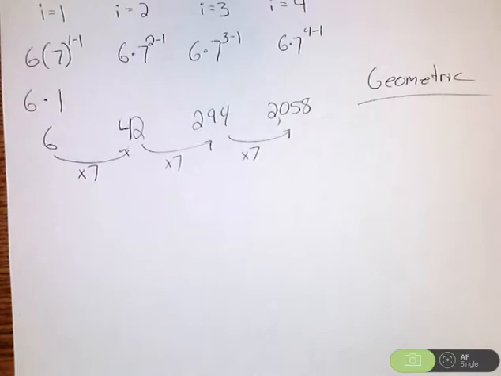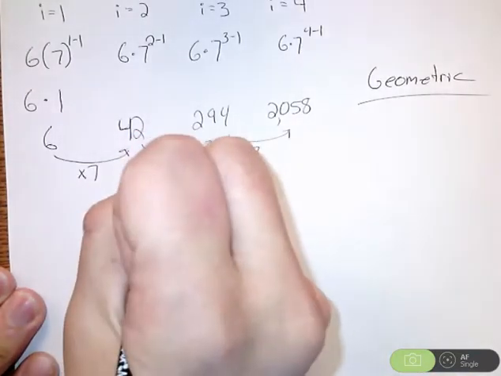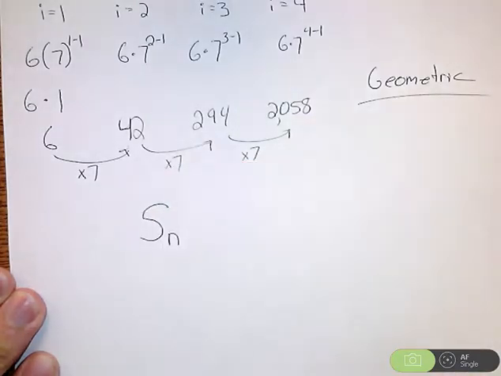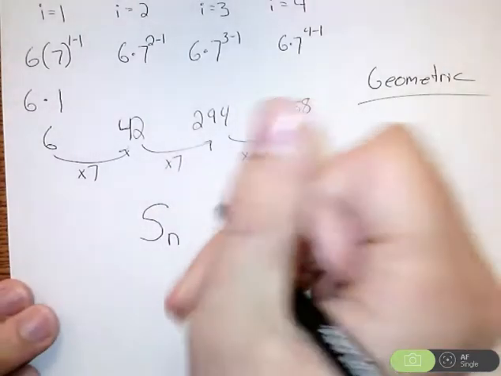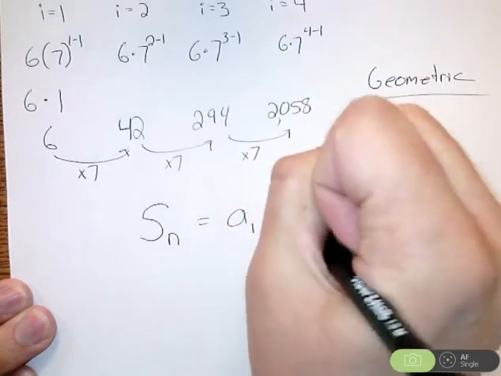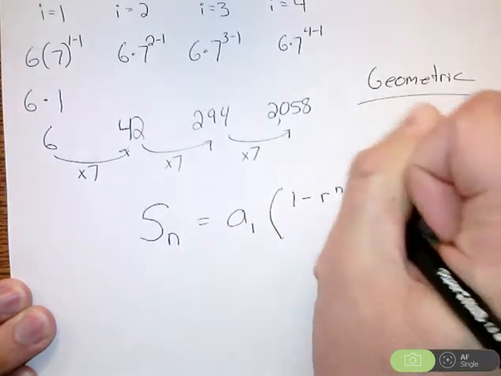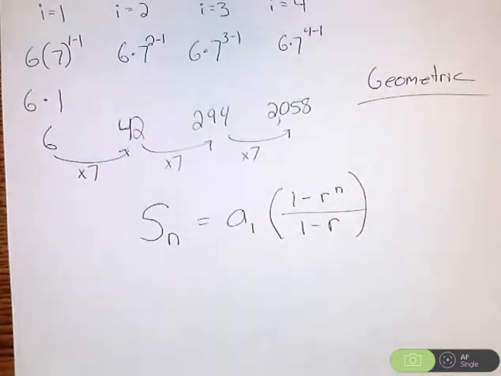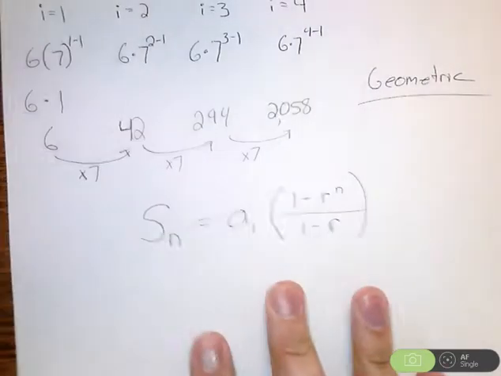Because we know this, I know which formula to use. The formula for a finite geometric series is Sn equals a1, and then parentheses 1 minus r to the n, divided by 1 minus r. What this means is I'm finding a sum, and n represents how many terms you are finding a sum of.